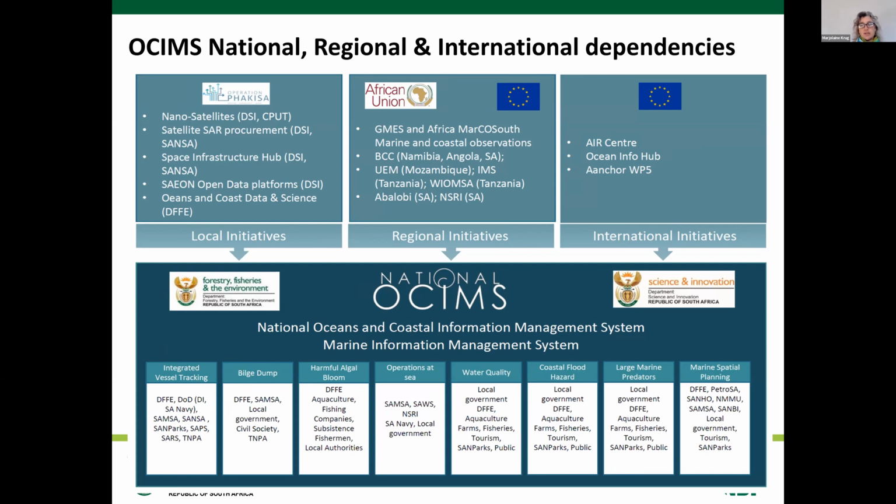Another thing to note is that the program has dependencies with other programs. Some of the strategy of the DSI and of SANSA relies on an operational and functioning OSIMS to deliver societal impacts. And there are European initiatives, for example, such as the GMES and Africa, which contributes significantly to the co-funding of the project.